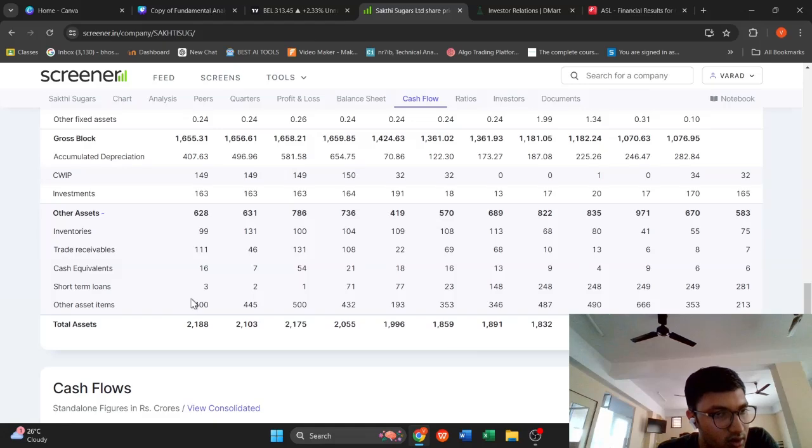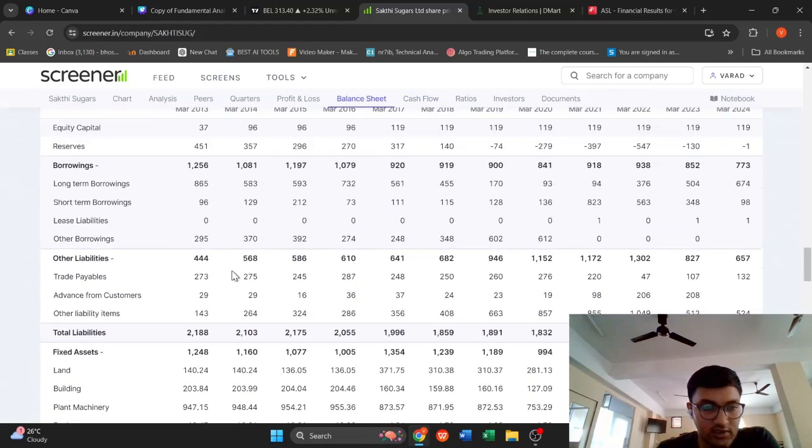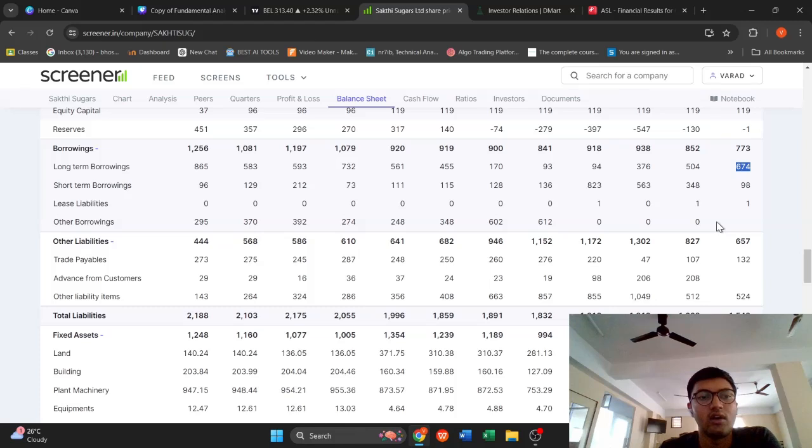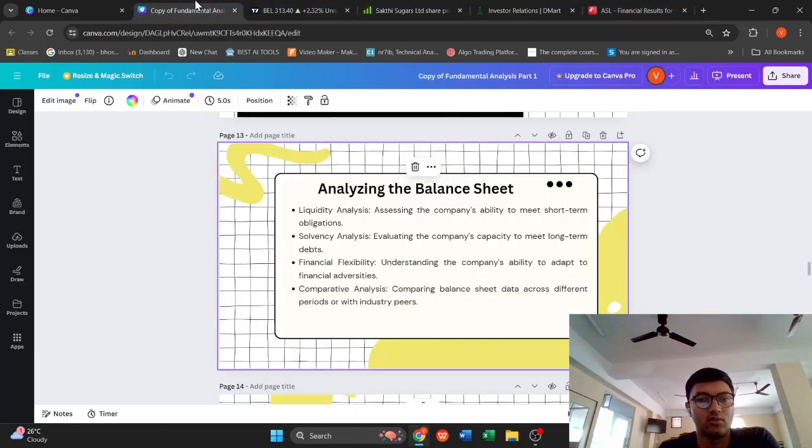What are the other liabilities, and is the company going to go bankrupt? Let's see. Long-term borrowings. The long-term borrowings of Shakti Sugars stand at 674 crore rupees, and the amount of, let's say, what was the ratio?